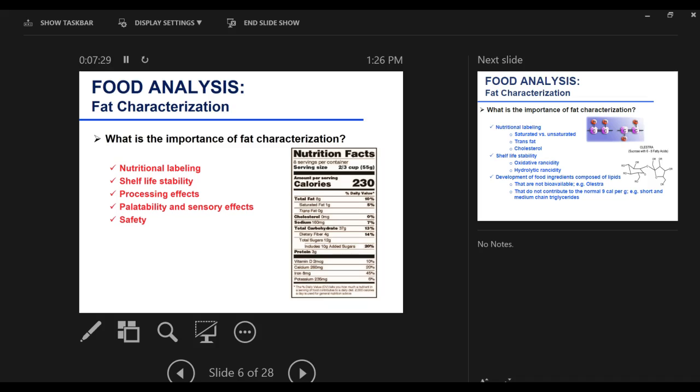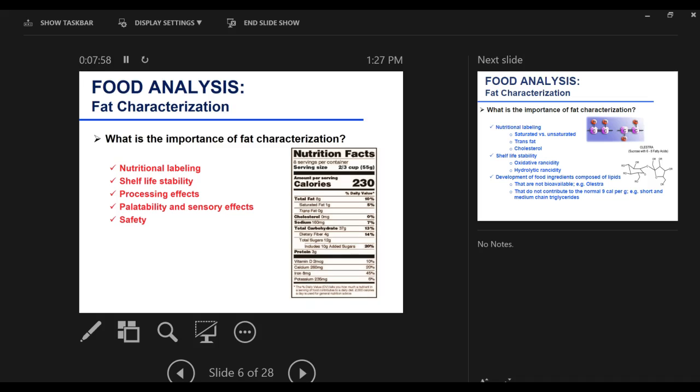Safety. Sometimes secondary oxidation products are not safe. Or trans fat, which is not a secondary oxidation product, it just happens due to hydrogenation. It has an impact on building the low density lipoproteins, LDL, and then generation of potential heart diseases.